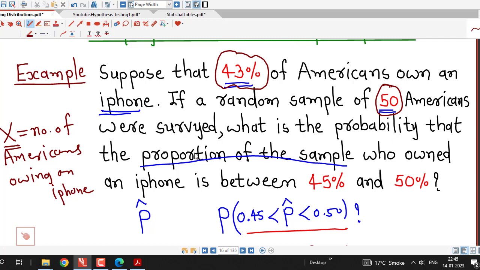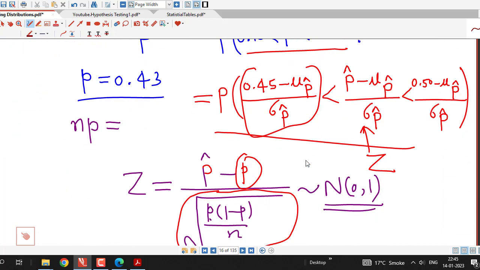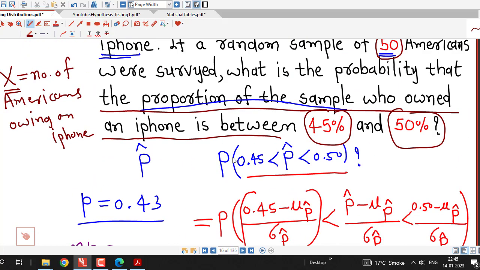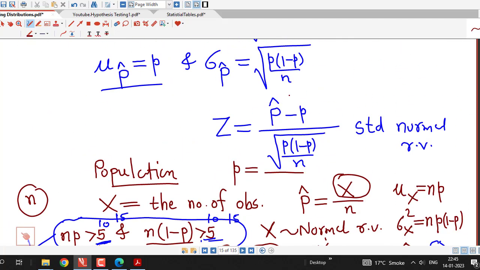What is the probability that the proportion of the sample who owned an iPhone is between 45% and 50%? And using this sampling distribution of sample proportion, we are able to answer this question. To answer this question, you must be familiar with the sampling distribution of sample proportion.